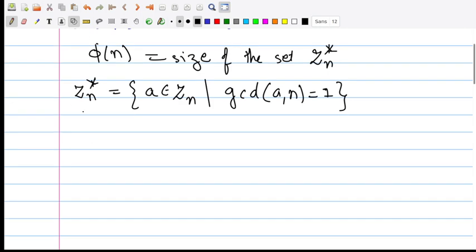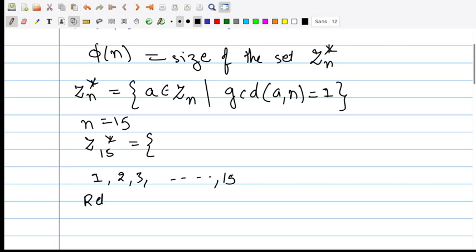So what is Z15 star? All the numbers starting from 1, 2, 3, all the way till 15, if they are relatively prime to 15, then they will be part of this group. And what do we mean by relatively prime?